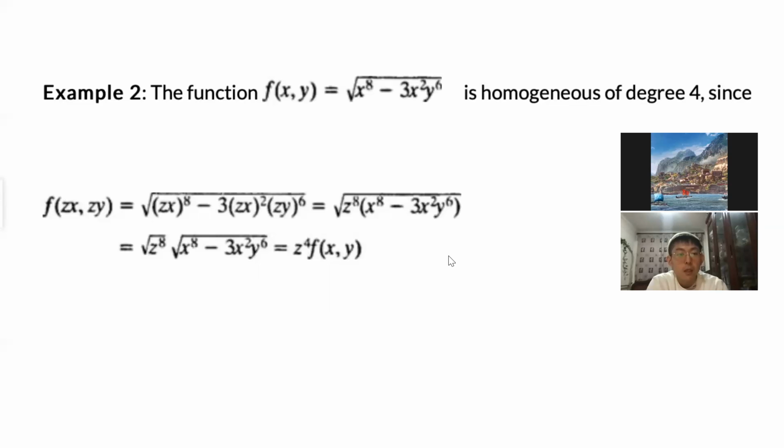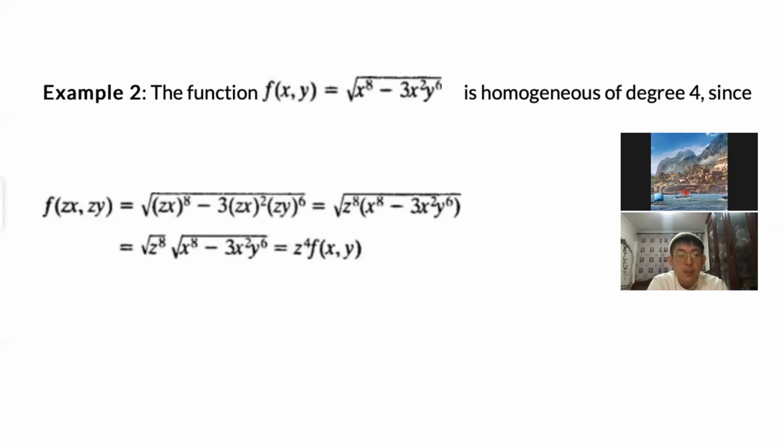The next page, please. Example 2, the function f of x, y equals the square root of x to the power of 8 minus 3 x to the power of 2 multiplied by y to the power of 6, is homogeneous of degree 4. Because if we multiply z to x and y, we get the square root of (zx) to the power of 8 minus 3 (zx) to the power of 2 multiplied by (zy) to the power of 6.